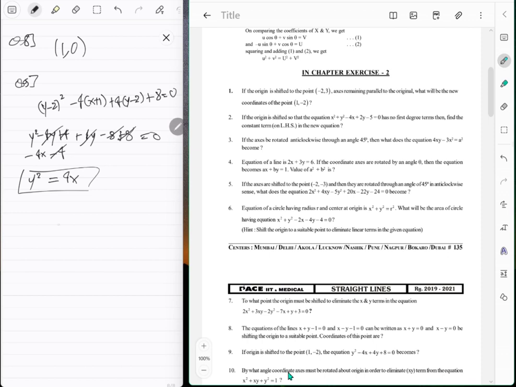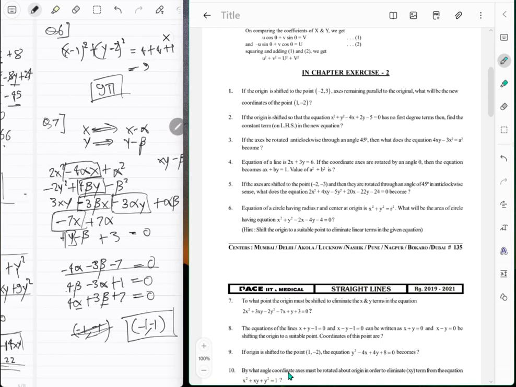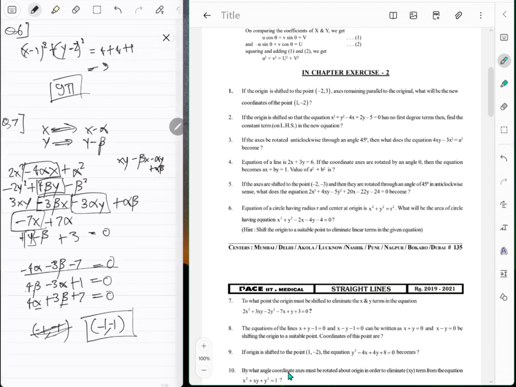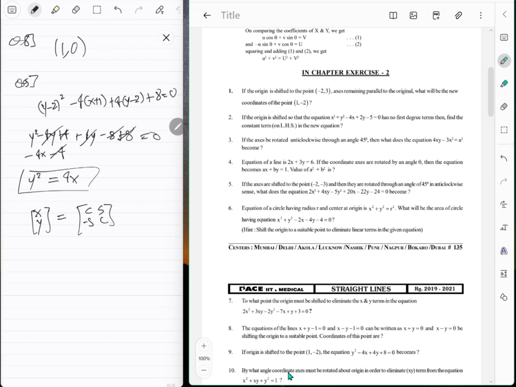So you will just be putting x and y as cosine, minus sine, sine, cosine, times capital X, capital Y, right?